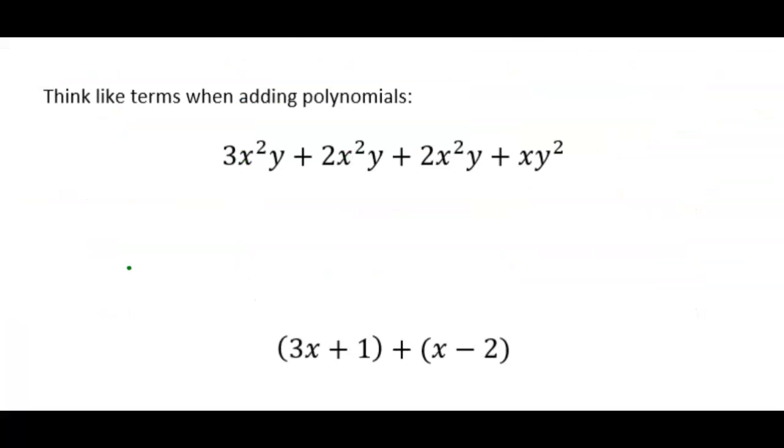When we are looking to add polynomials, these all say plus signs, we need to think like terms. Okay? So this term right here is defined as an x squared y term. What is this one?